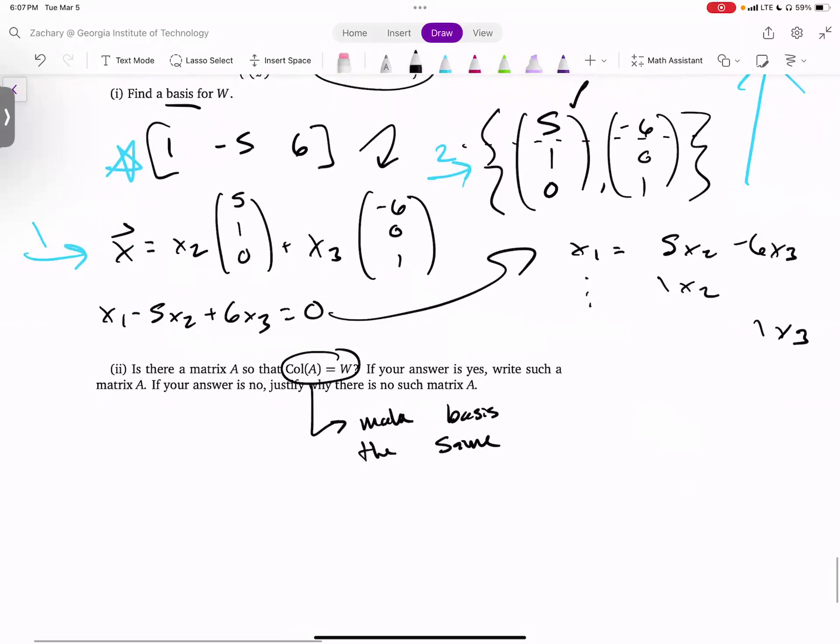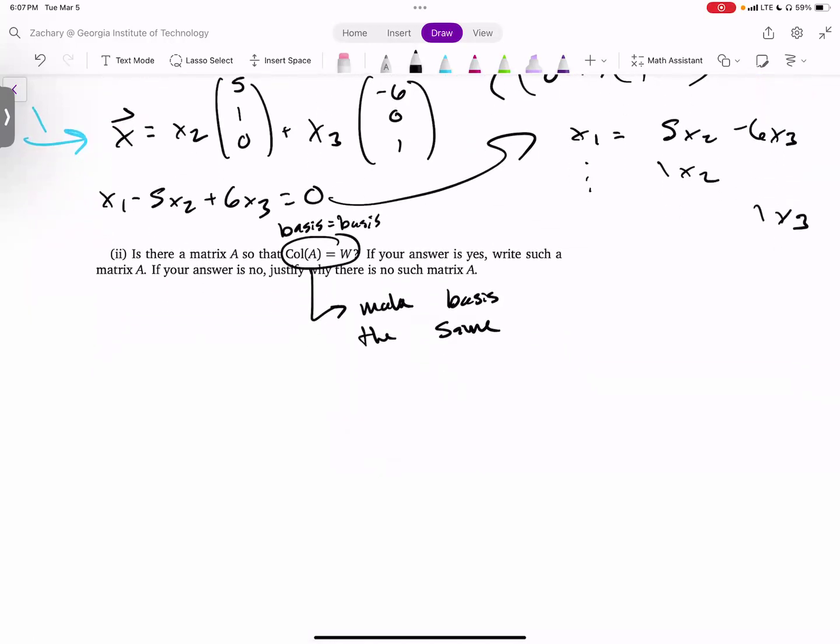Well, since these vectors are a basis, we know they're independent. Make what basis? The basis of the column space of A and the subspace W. So the basis of both of them need to be the same for them to be the same space. Does that make sense? Yeah. So this is right, like basis equals basis. They have to be the same thing for them to be the same space.